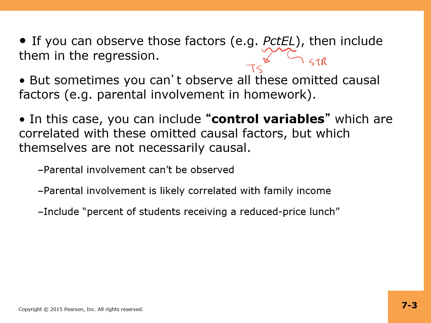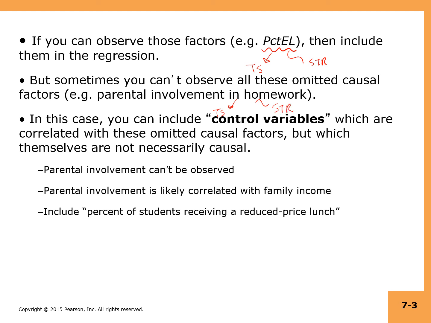One of the examples is parental involvement in children's homework, so how much parents are involved in helping children with their schoolwork. That parental involvement has a direct impact on test score, but it's probably also correlated with the student-to-teacher ratio.